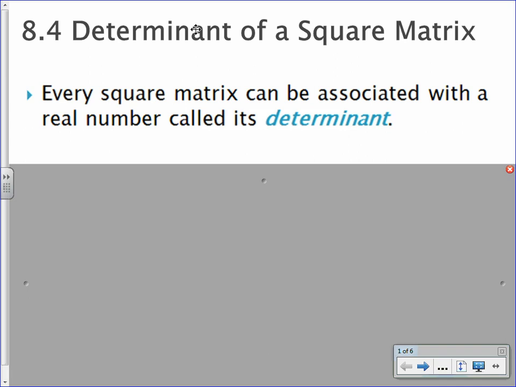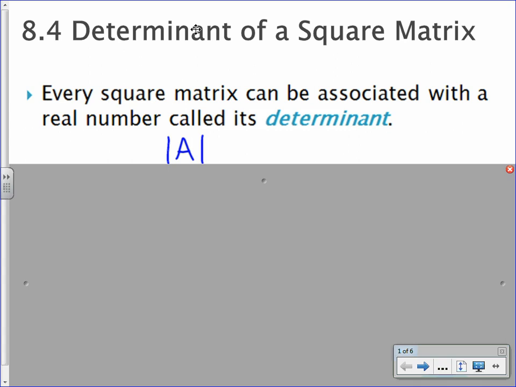And determinants have some special notation. If we're talking about matrix A and we want to find its determinant, you're going to see the absolute value bars.